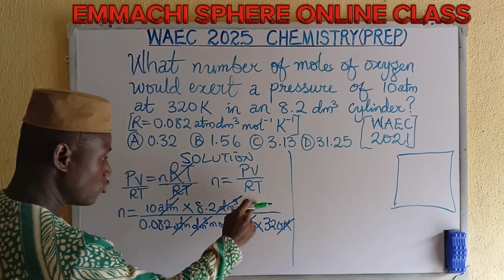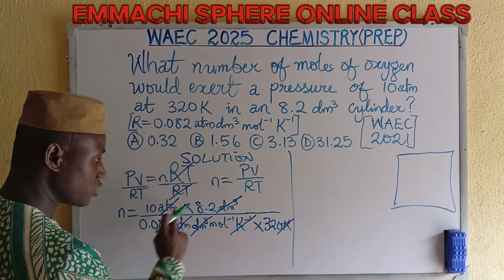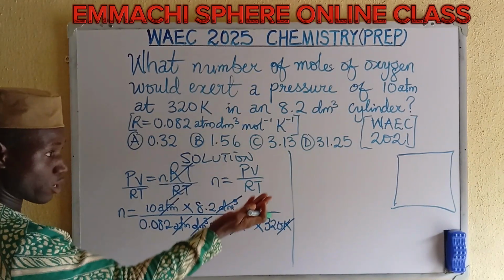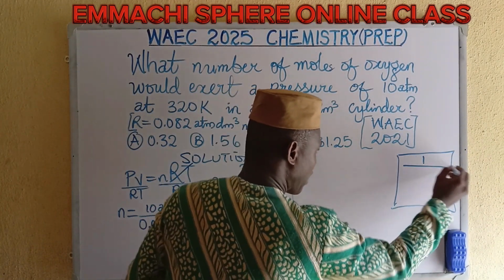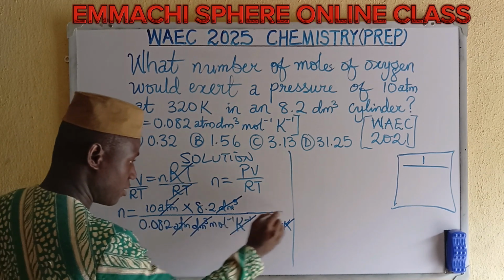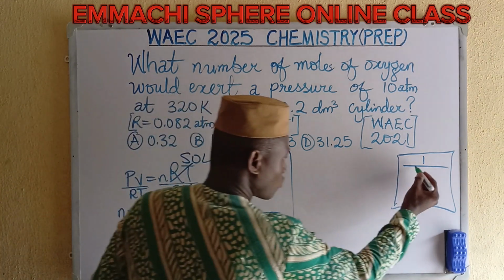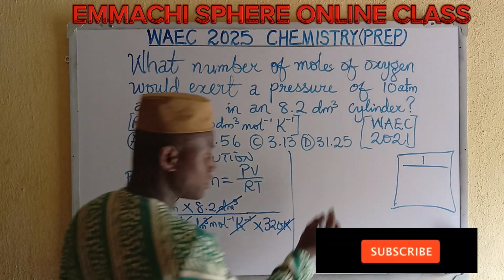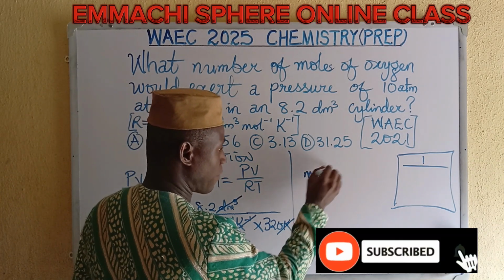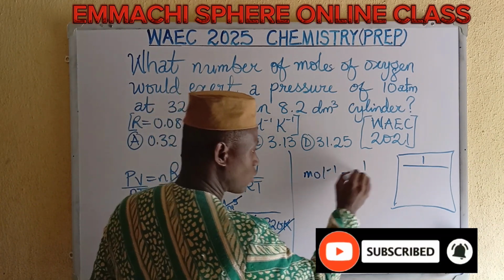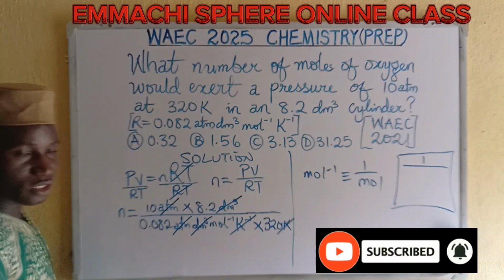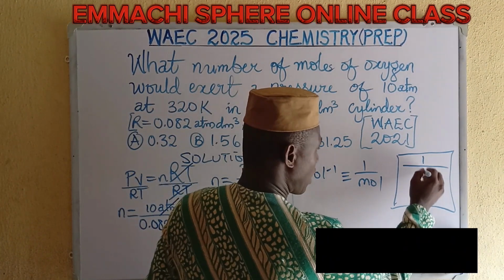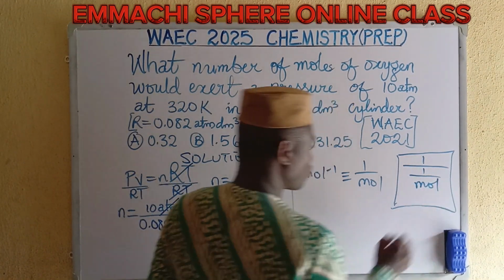Already by units, the whole units at the numerator side have been cancelled. So we now say it is 1. So 1 over, this is the divisor here. This is per mole, and per mole is equivalent to 1 over mole. Good, it's a reciprocal. So 1 over mole is what we now achieve.